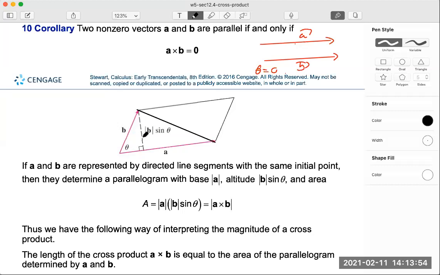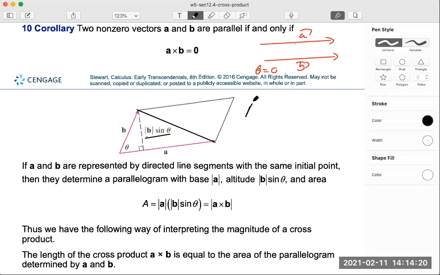Then the trigonometry relation tells us how long this altitude is. It will be the magnitude of vector B times sine of theta here, right? That is the altitude here. Do you agree?